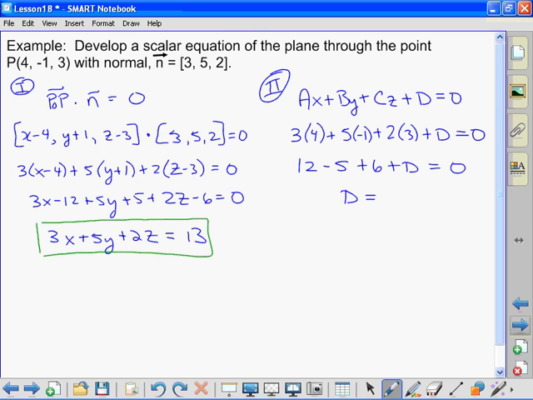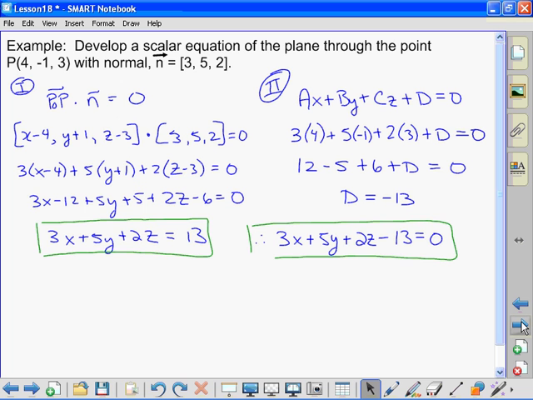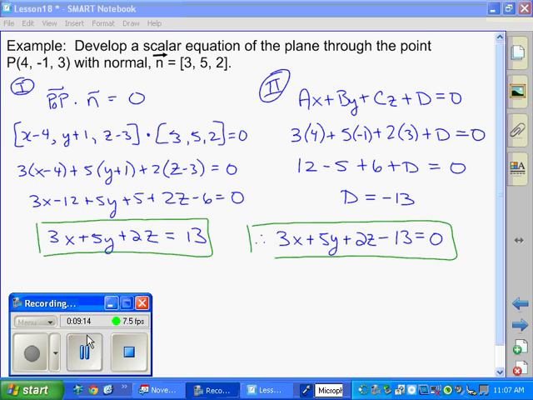D is equal to negative 13. So therefore, you would end up with 3x plus 5y plus 2z minus 13 equals 0. Same equation as method number 1. All right. So it doesn't matter which method you choose, just be aware of one of the methods and be able to complete them.